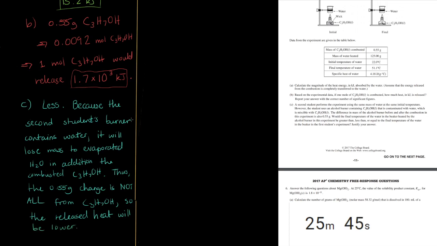So the second student's burner contains water, so we'll lose mass in addition to the combusted C3H7OH, thus it's not all from it, so the released heat will be lower. I think that's a pretty good answer.